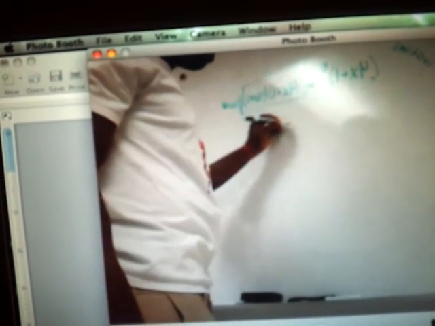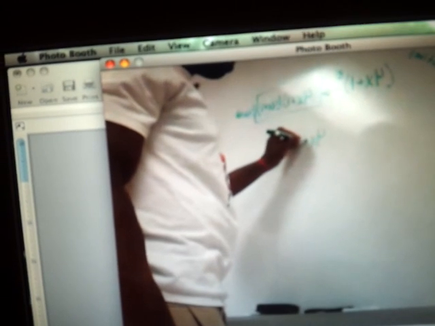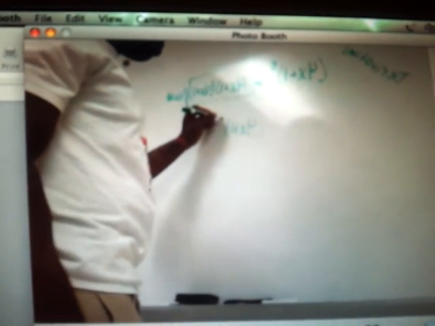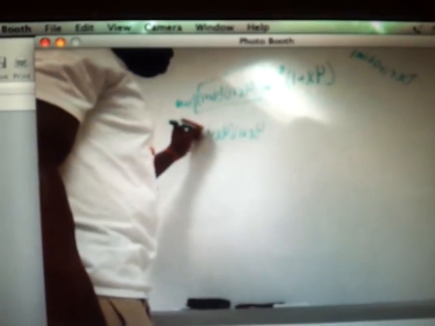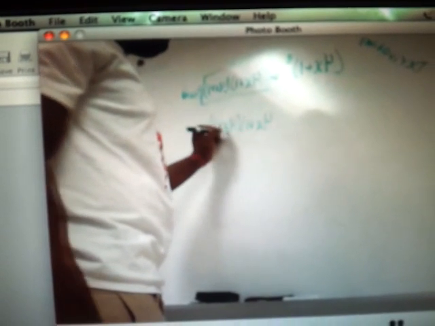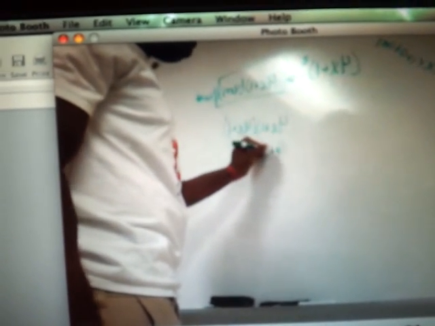To make this easier, break it down into 2: 4x plus 1 times 4x plus 1. Then you FOIL. 4x times 4x is 16x squared.